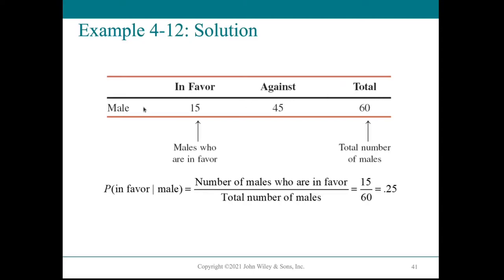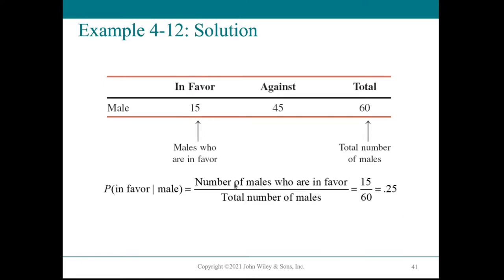The event B here is male or female, so it's a male. The total number of males is 60, so that's your denominator. And those in favor is 15. So 15 over 60 is equal to 0.25.